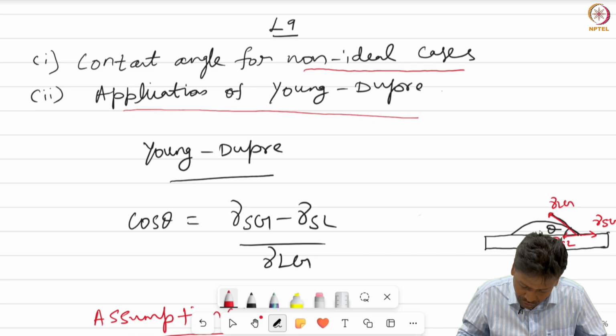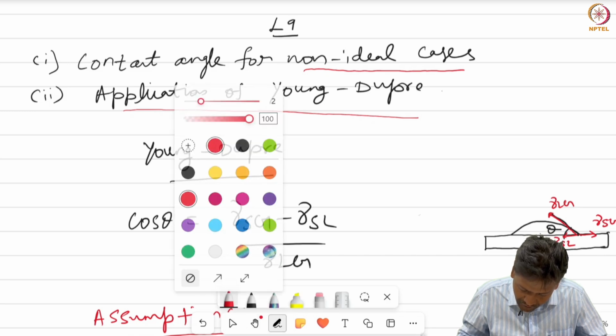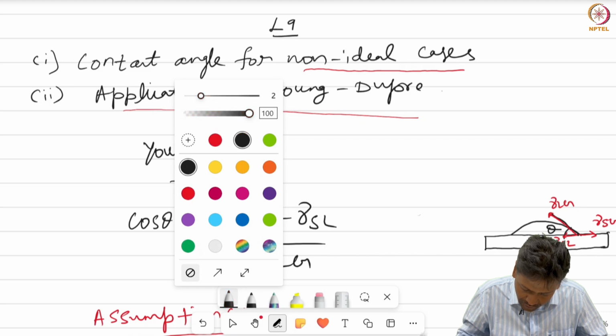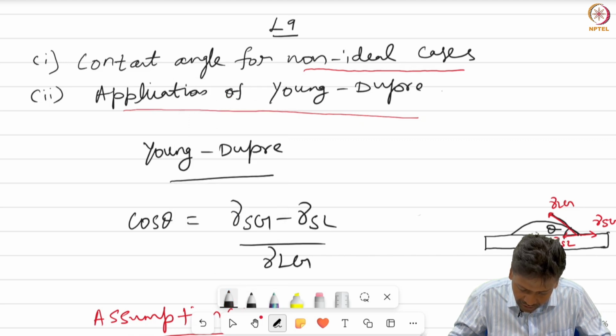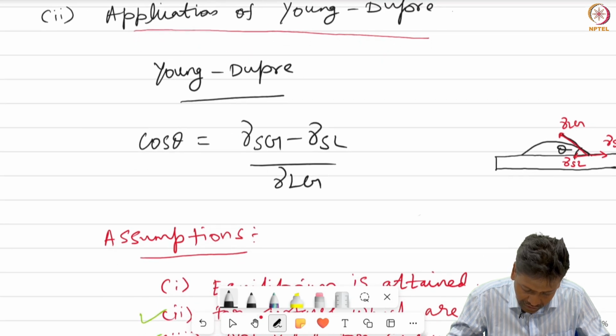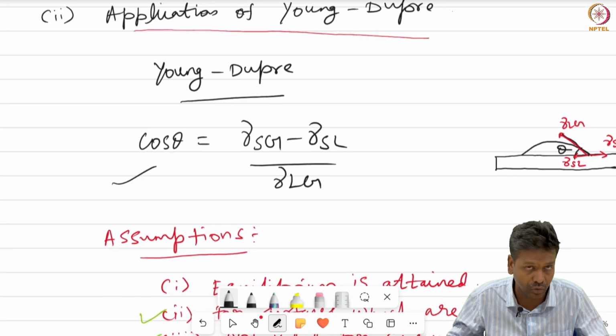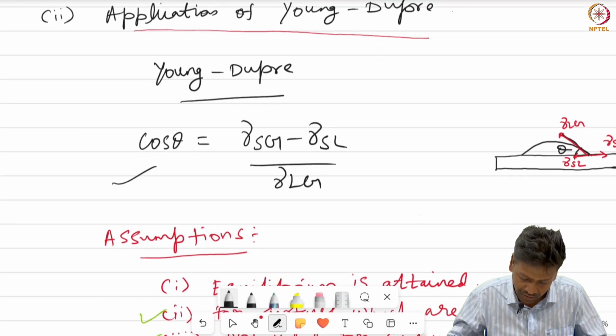All right, so we know that the contact angle in the Young-Dupre equation can be described in this way. This we have already looked at in the previous lecture.